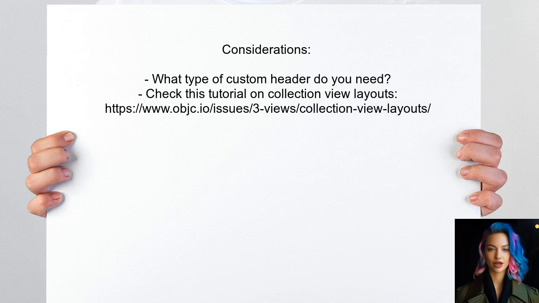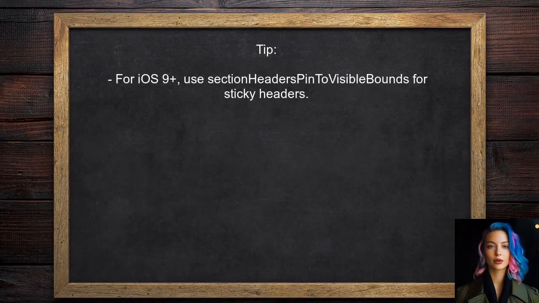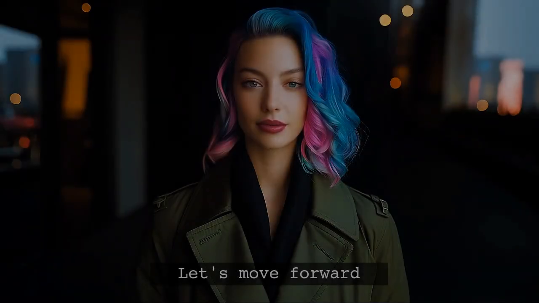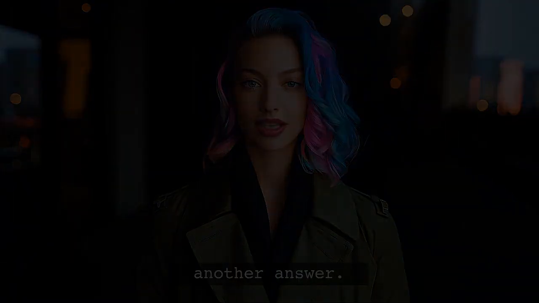They recommend checking out a tutorial on collection view layouts for more insights. Lastly, if your app's deployment target is iOS 9 or later, you can use the sectionHeadersPinToVisibleBounds property for sticky headers. Let's move forward and look at another answer.